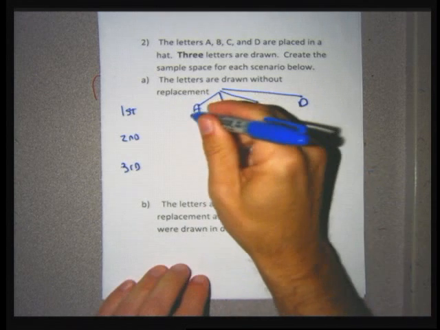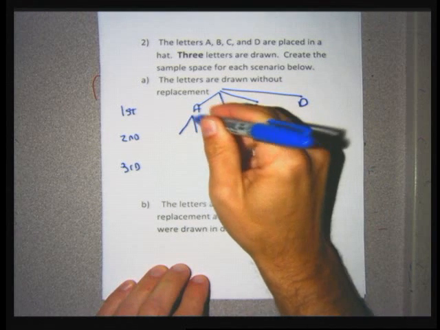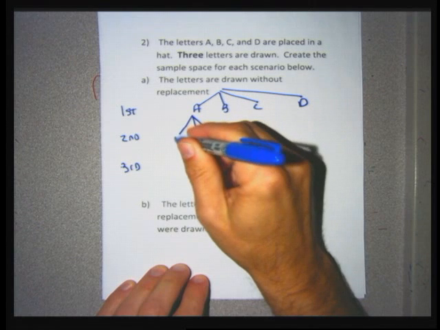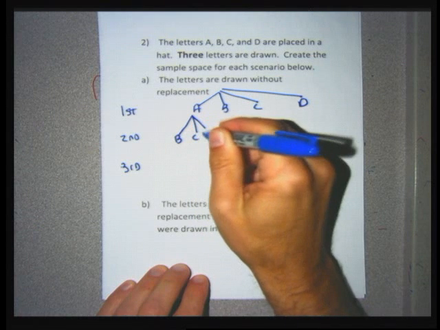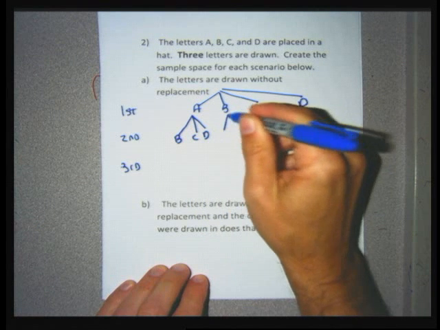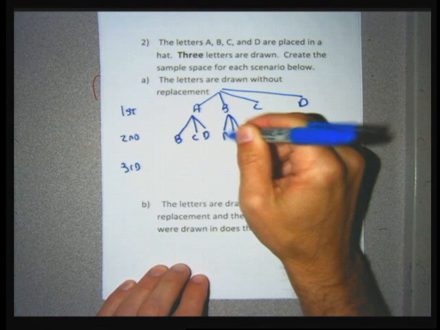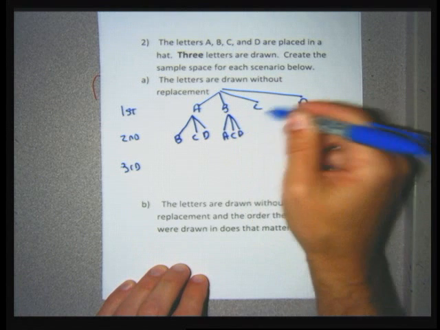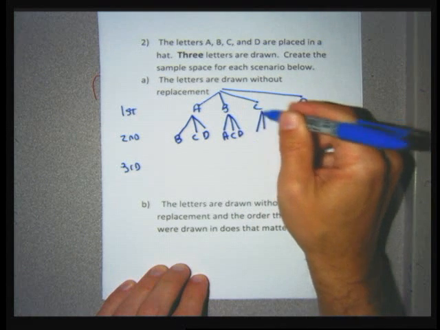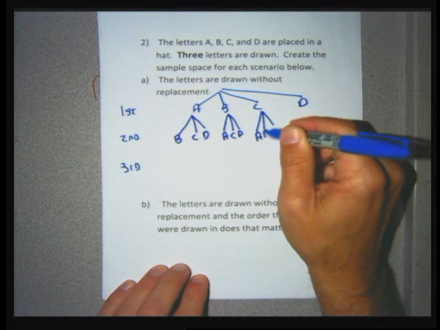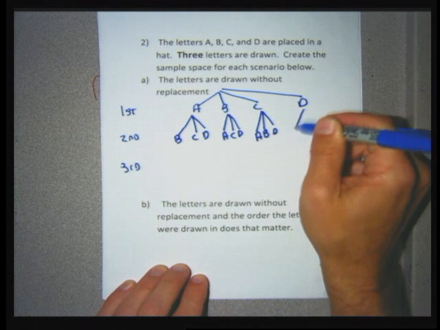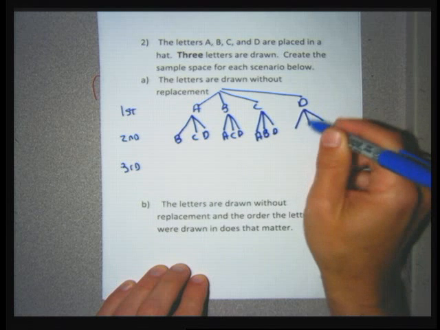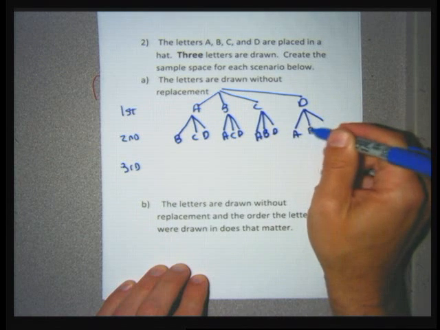So my second letter could only be, if A is first, it could only be B, C, or D. If B is first, it could only be A, C, or D, because I'm not allowed to repeat. If C is first, it could only be A, B, or D. And if D is first, my second letter can only be A, B, or C.